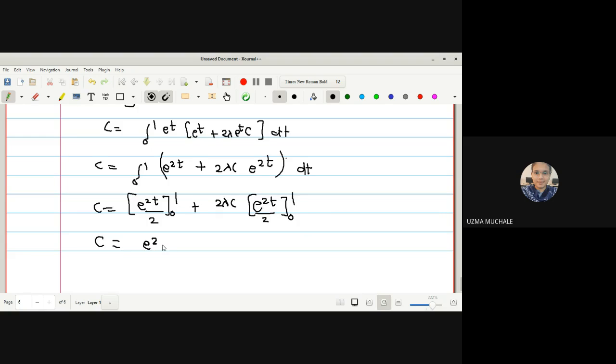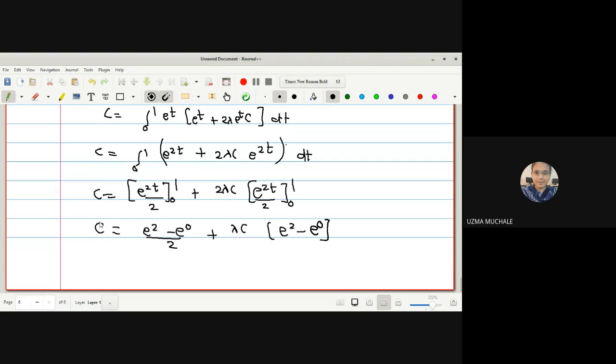That is (e^2 minus e^0) divided by 2, plus, as this 2 gets cancelled, lambda c (e^2 minus e^0). Hence we get c equals (e^2 minus 1)/2 plus lambda c (e^2 minus 1).